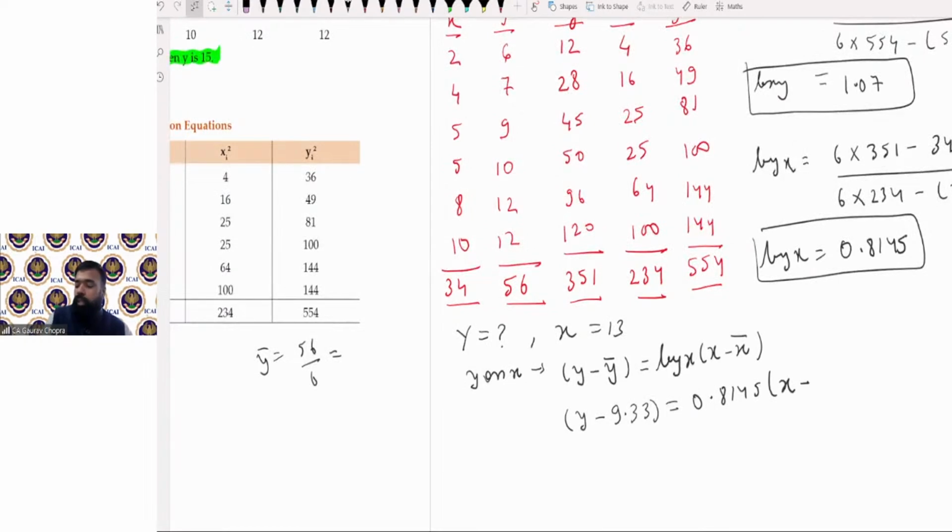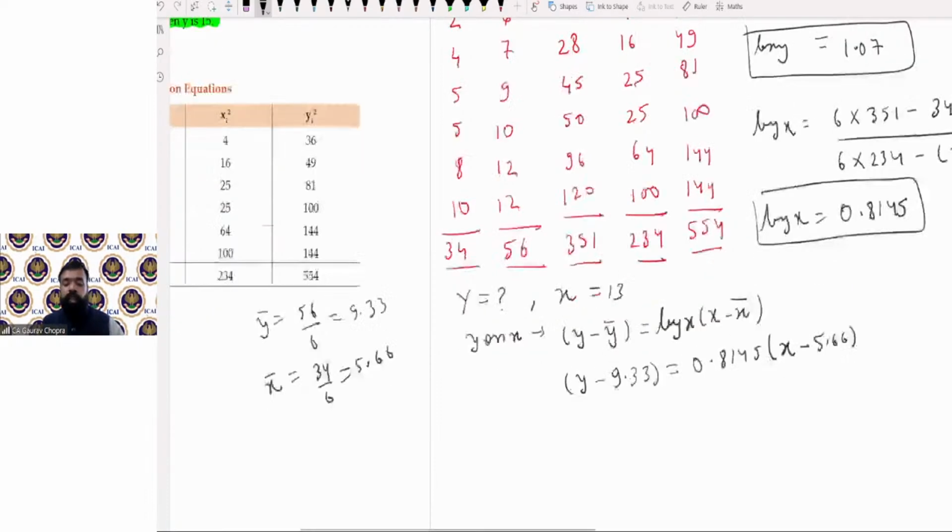How much is x bar? 34 upon 6. X bar is 34 upon 6, that is 5.66.